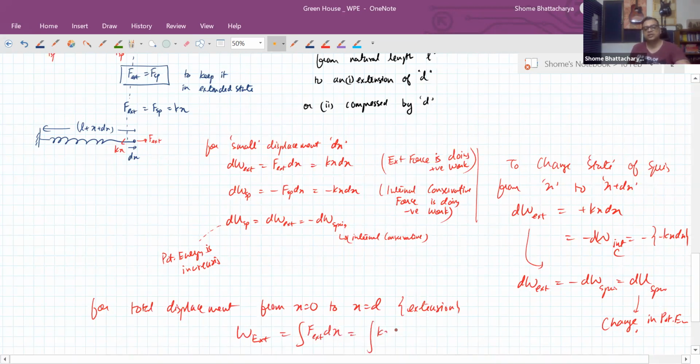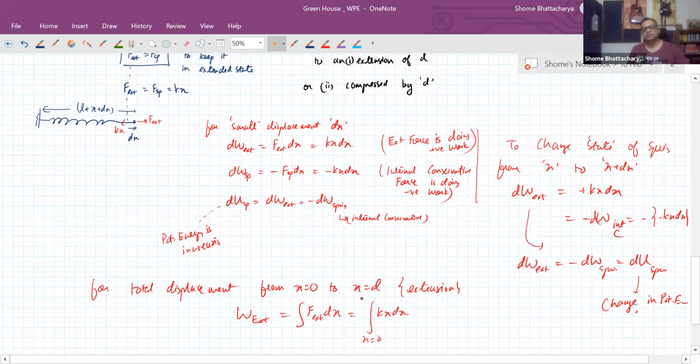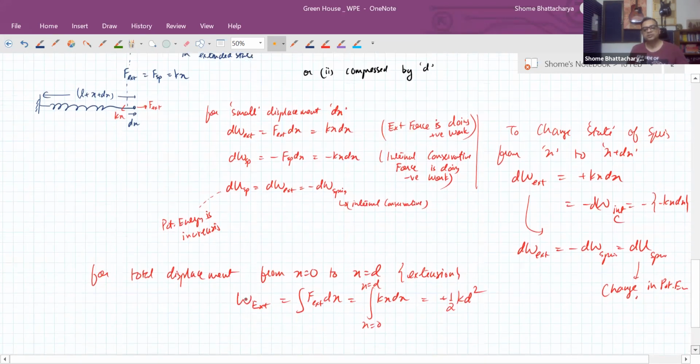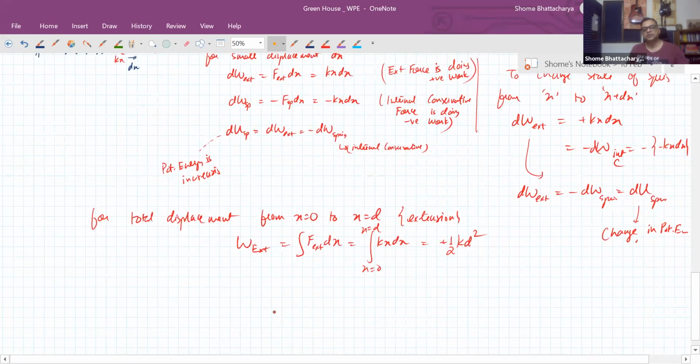So it will be integration of kx dx from x equal to 0 to x equal to d. So that will become plus half kd square. The work done by the spring, which is basically the work done by the internal conservative force in my system, will be minus of this.